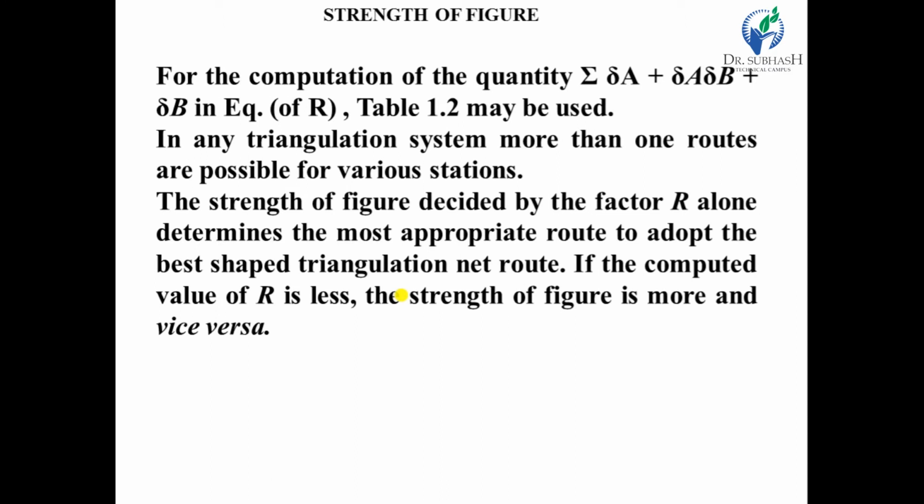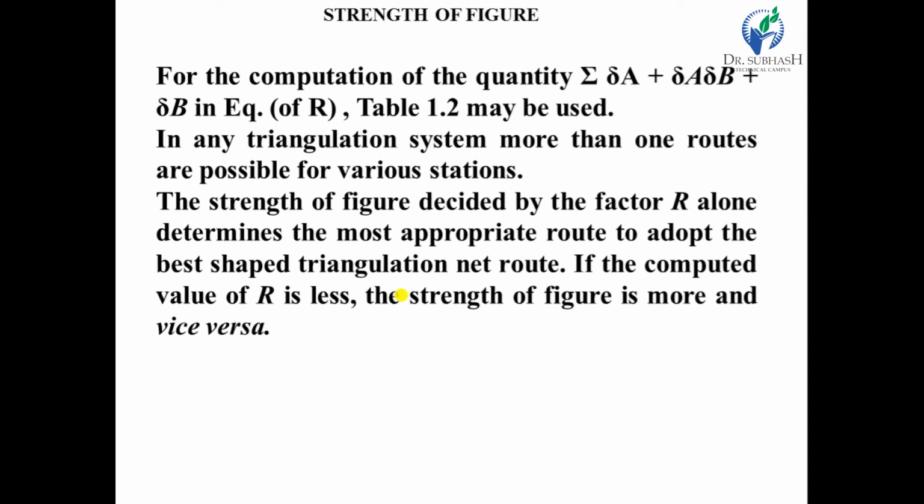Now for the computation of the quantity delta square A plus delta A into delta B plus delta square B in the equation of R, table 1.2 may be used. In any triangulation system, more than one route is possible for various stations. The strength of figure is decided by the factor R alone.